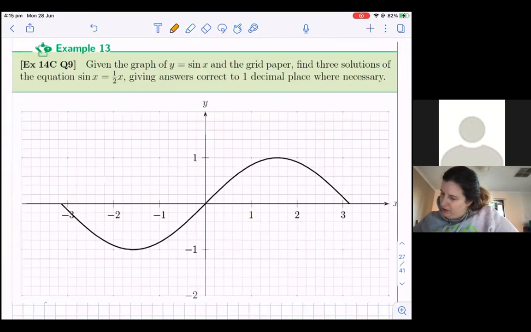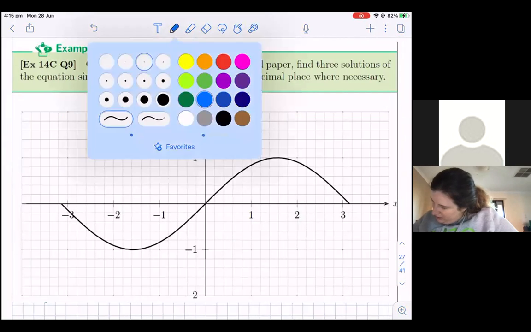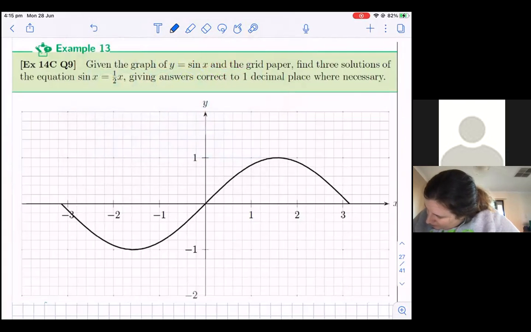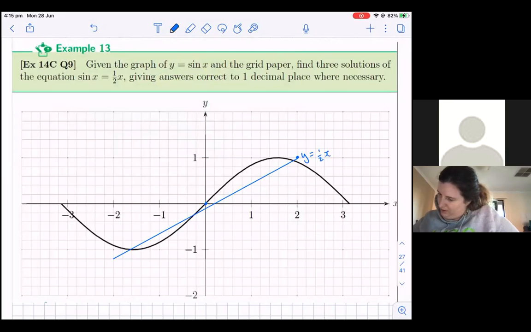Given this, find 3 solutions of the equation sine x equals half x. Well, let's draw on half x. So when x is 1, we're only going up to a half. When x is 2, we're going up to 1. So it's going to look like that. 3 solutions.